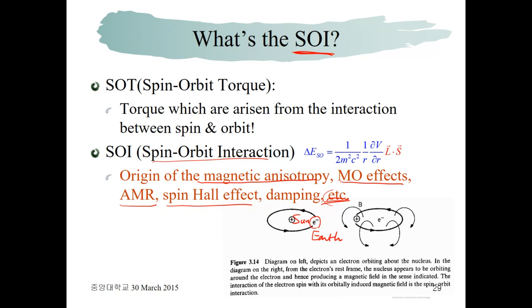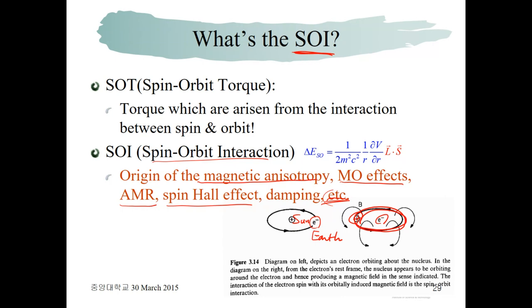So in our frame, the Sun is moving and we are at a constant position. It's the same for the electron. From the viewpoint of the electron, or the frame of the electron, the nucleus is moving. So there is some motion of positive charge around it.